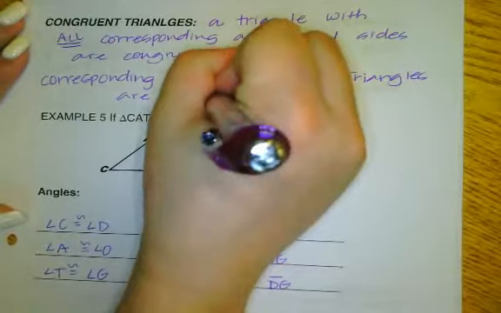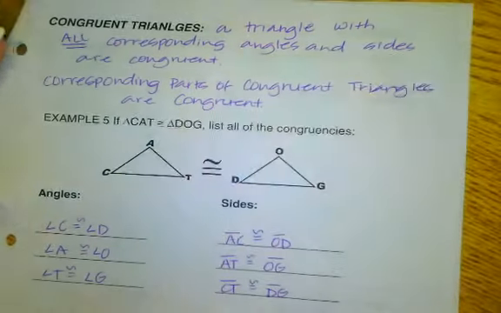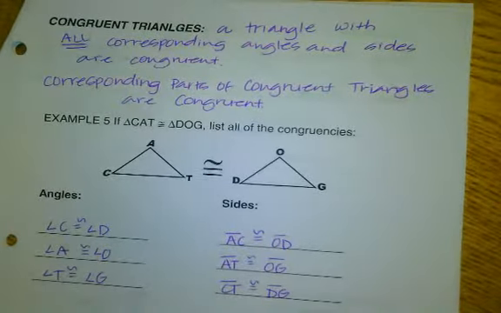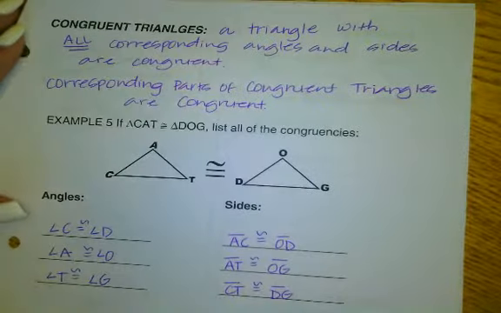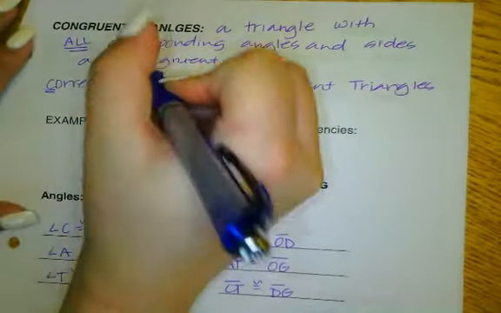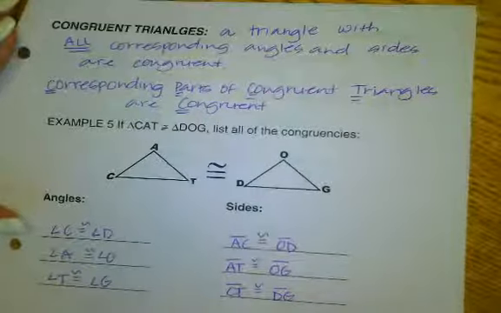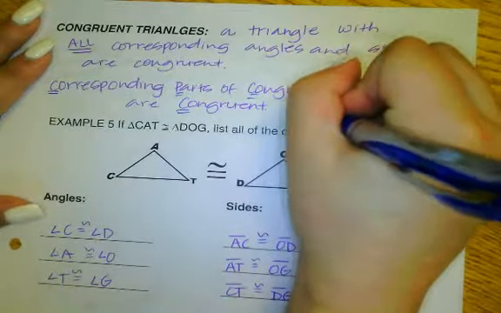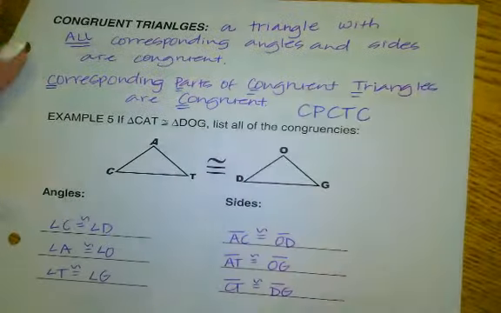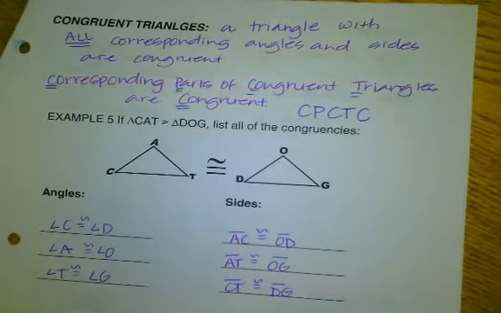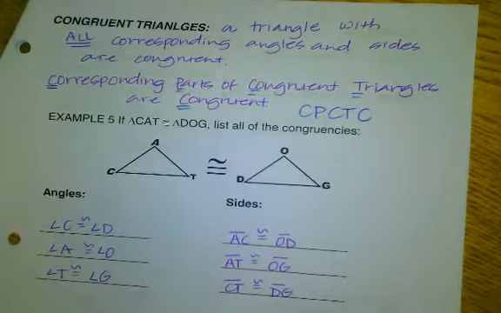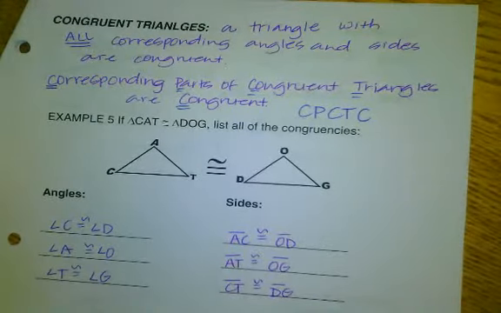So in a proof, rather than write corresponding parts of congruent triangles are congruent, we call it CPCTC. So we just take the first letter. If you were to write that out, I wouldn't count off for it, but it's just shorter and quicker to write CPCTC. So that tells you that once you prove that triangles are congruent, then all of their angles are congruent and all of their sides.